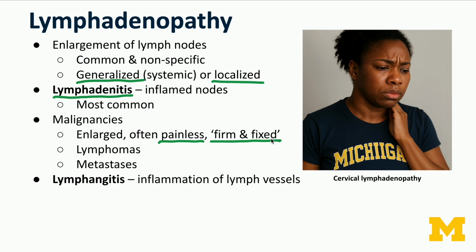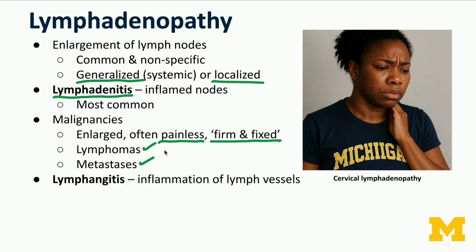Now, a malignancy within a lymph node might be the result of a lymphoma, so Hodgkin's or non-Hodgkin's lymphoma, a cancer of the lymphatic tissue itself, or it may arrive there due to metastasis. So through lymphogenous or via the lymphatic system, metastatic illnesses like cancers may move, and they can take root within a lymph node and can then enlarge the lymph node and be a source of a malignancy, a secondary source of malignancy.